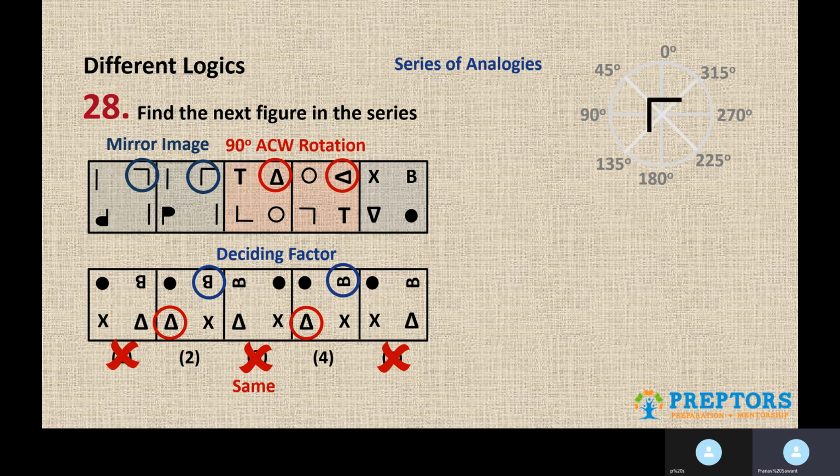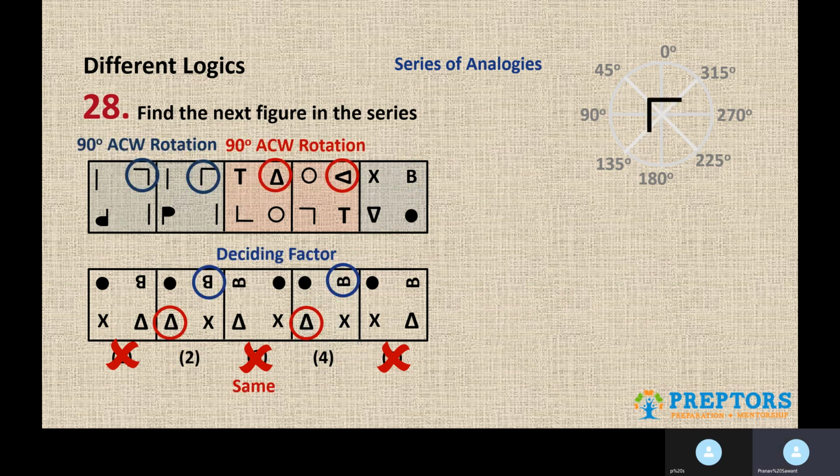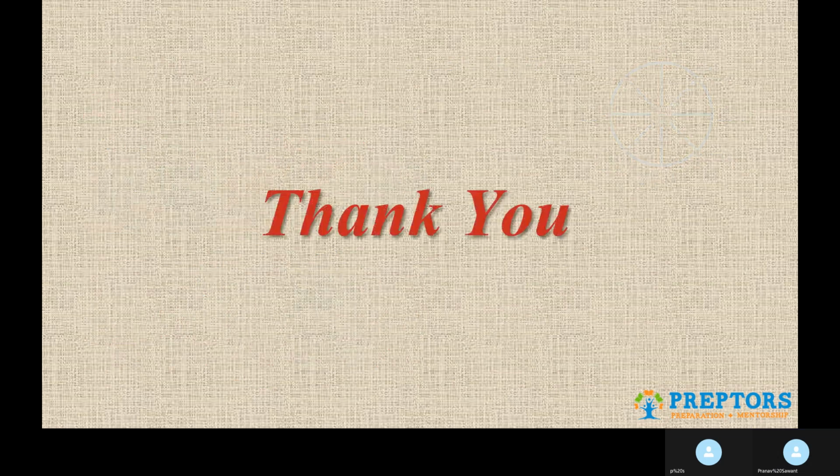So it is a 90-degree anti-clockwise rotation. Hence B will also rotate 90 degrees anti-clockwise. Hence option 4 will be the answer. So this figure is rotating, it's not a mirror image, it's rotating 90 degrees anti-clockwise. This is the figure that we have. After rotating 90 degrees anti-clockwise, we will get it. Option 4 is the answer. Thank you.